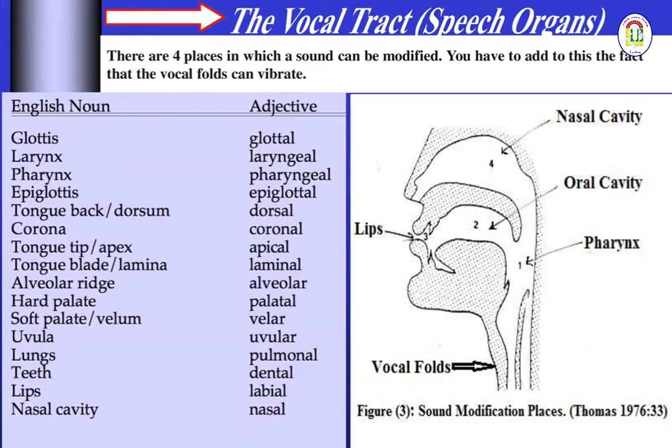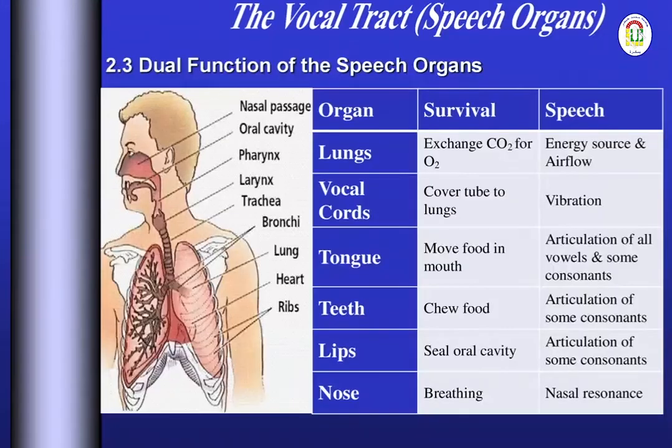For the corona, coronal sounds. For the tongue tip or apex, apical. For the tongue blade or lamina, laminal. For the alveolar ridge, alveolar. For the hard palate, palatal. For the soft palate or velum, velar. For the uvula, uvular. For the lungs, pulmonal. For the teeth, dental sounds. For the lips, labial sounds. For the nasal cavity, nasal sounds.